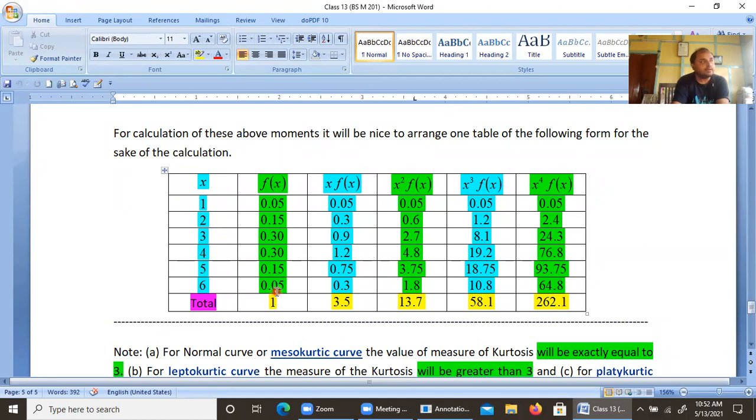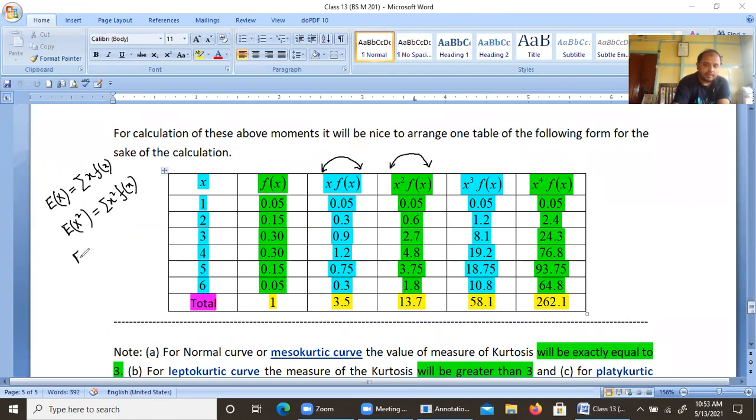Now, to calculate the expectation of the random variable X, what do we need? Let me write it so that you can understand it well. For E(X), we need this formula, summation x f(x), for which I have prepared this particular column. For E(X squared), we need summation x squared f(x), so this column.